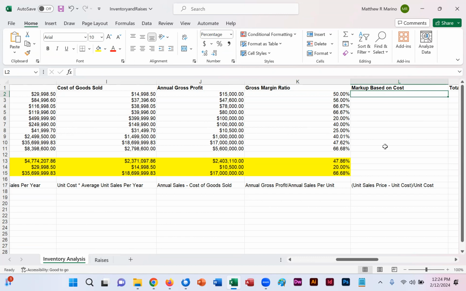Then we're asked to calculate our markup based on cost. And that formula is unit sales price minus unit cost divided by unit cost. So the markup is basically the percentage of profit, if you will, that a company gets, which is why they will usually mark up the cost of something.